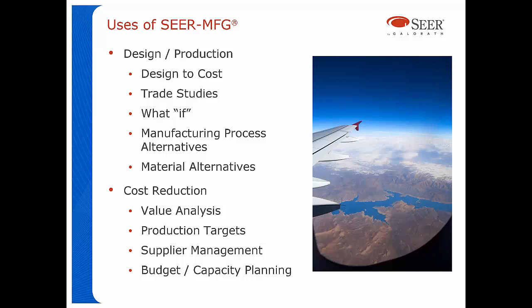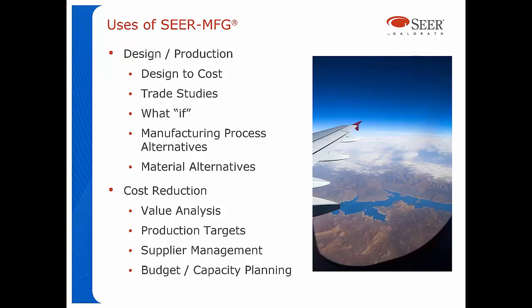You're using it for design to cost, trade studies, and what-if analysis, looking at different manufacturing alternatives, maybe different materials, different lot quantities, different amounts of automation, all kinds of analyses to help you understand the different costs. It's often used to help with cost reduction, looking at value analysis.